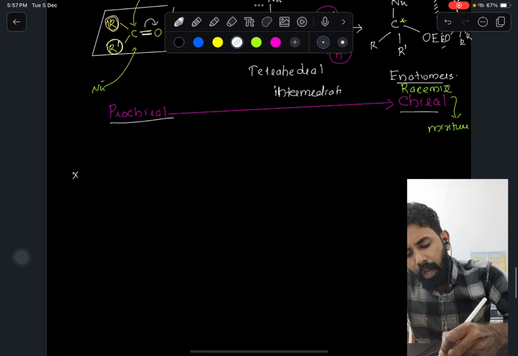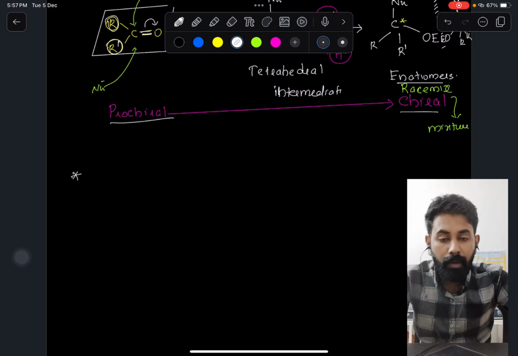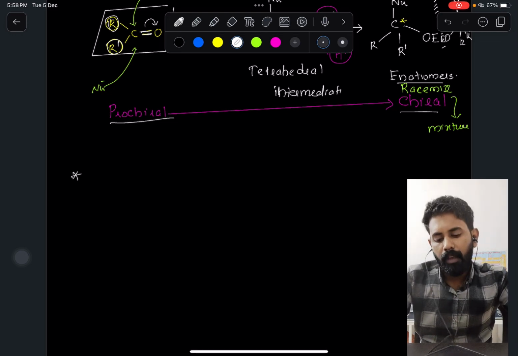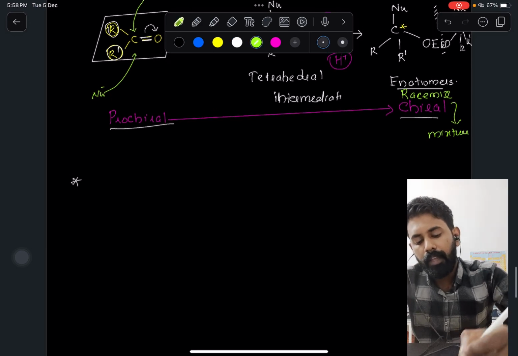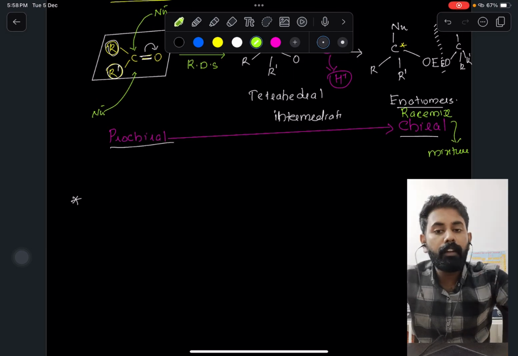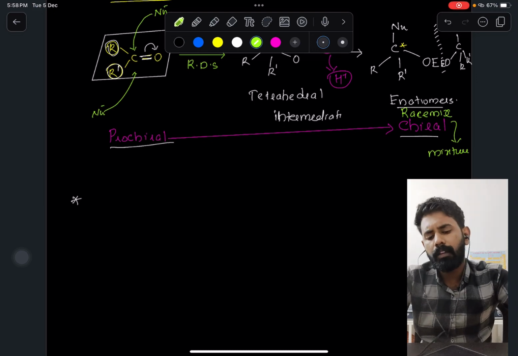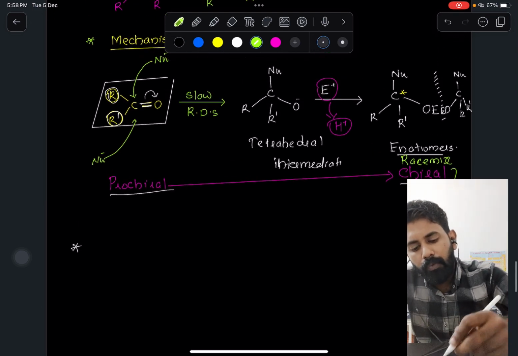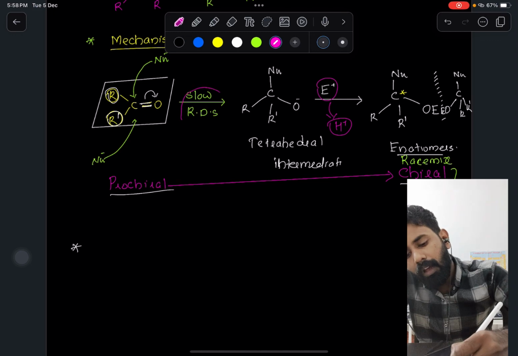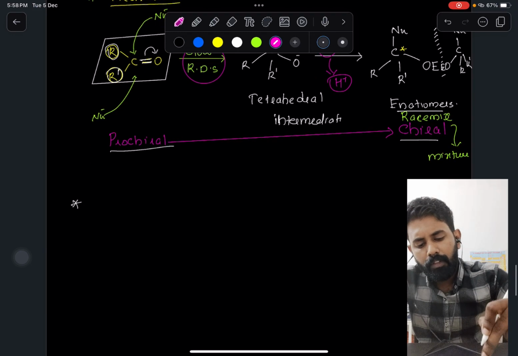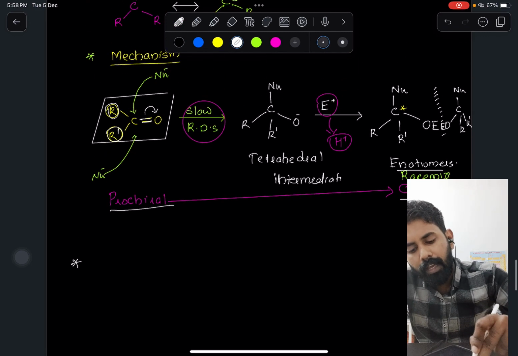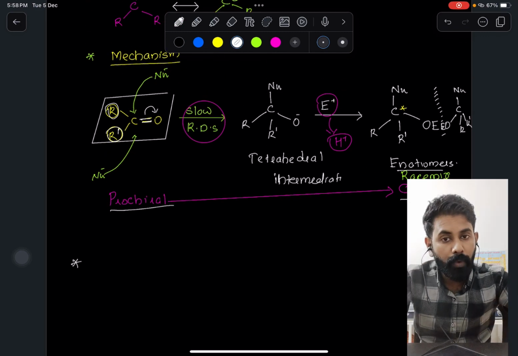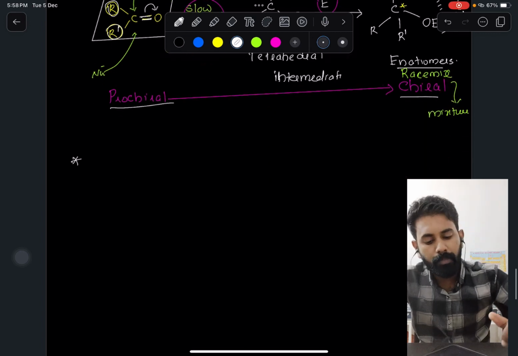Okay. Now we understood how the reaction is taking place. Now we can look at reactivity, like which one will react at a fast rate or which one will react at the slowest rate. For that we have the slower step, the rate determining step, right? We all can see that attack of the nucleophile is the slowest step, and that is the rate determining step.